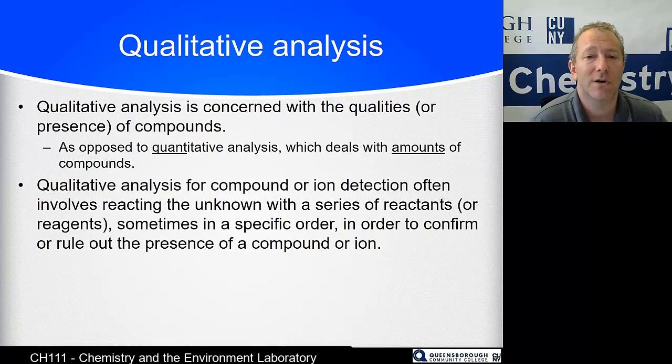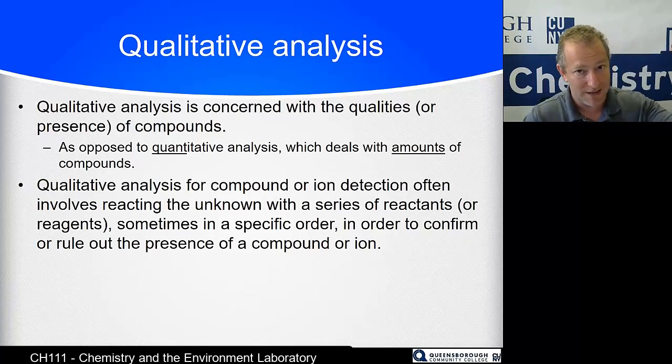Qualitative analysis for compound or ion detection often involves exactly what I've been saying, reacting your unknown with a series of reactants or other reagents, sometimes in a specific order. It's sort of like a flow chart. The old way of doing this lab was a flow chart. You react with this. Does it do this or does it do this?